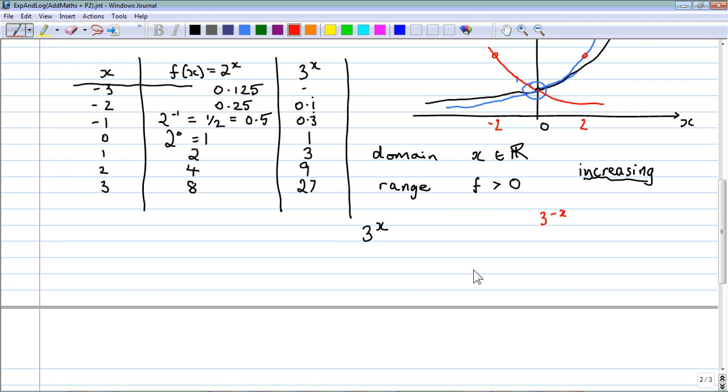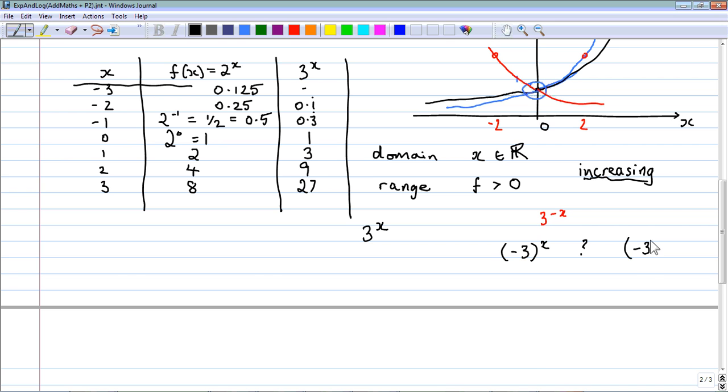Now, a little point worth mentioning is that we can't really sensibly draw graphs of functions like this, because when x is negative, it doesn't always make sense. Minus 3 to the power minus 1/2 wouldn't make any sense.